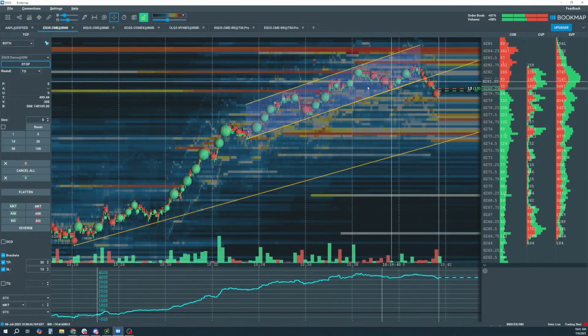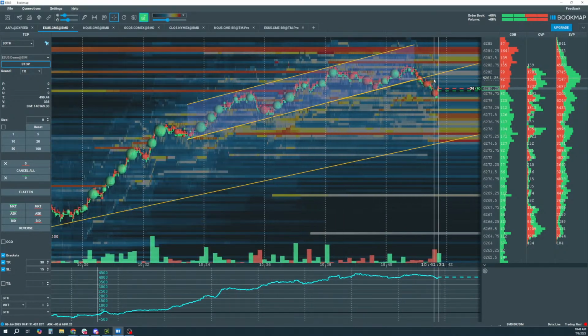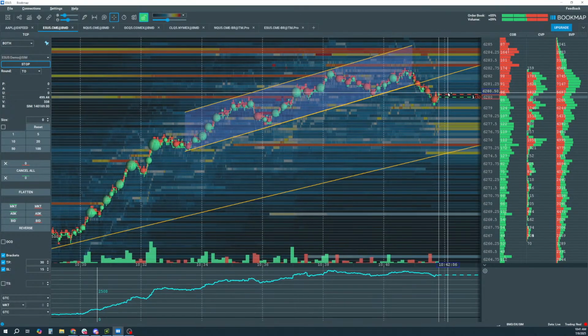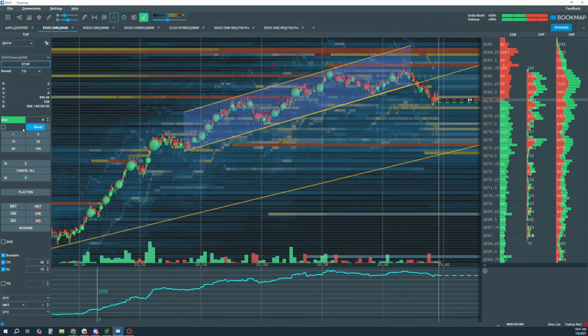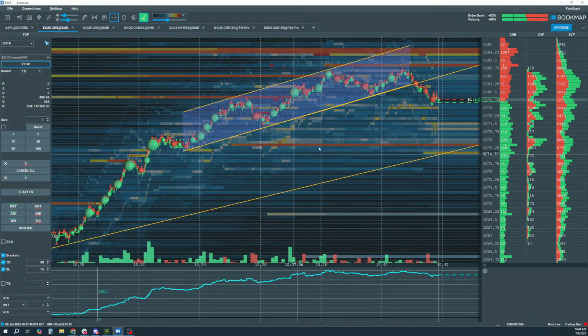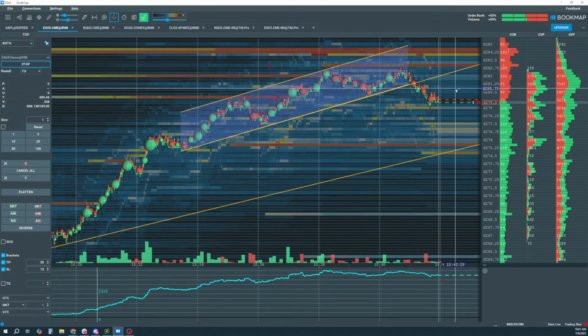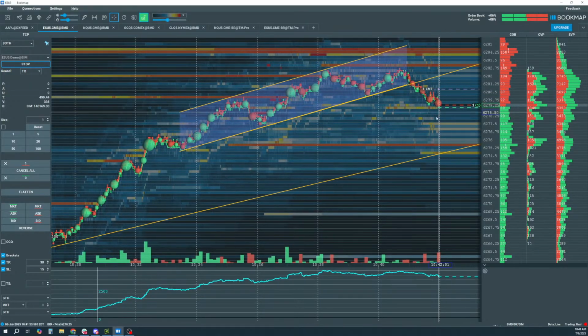Okay, now, so we got our structural break, and we're seeing that accumulation by the aggressors in here. Let's see if we can get maybe a pullback in here. To here.